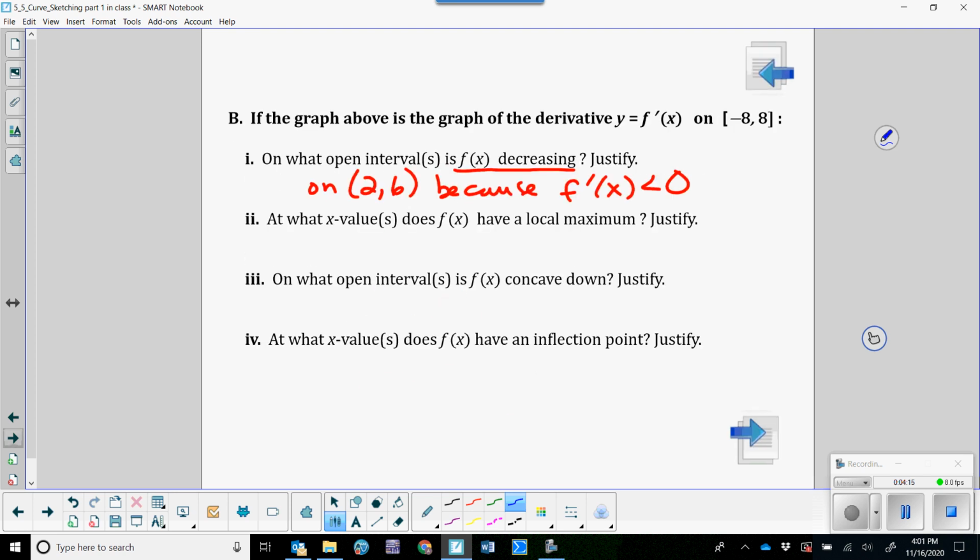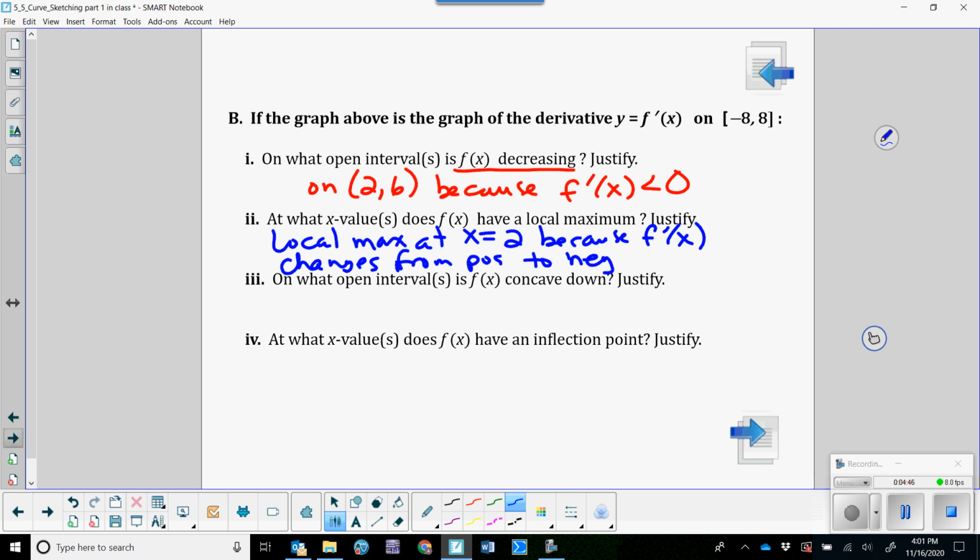So we will have a local max at x equals 2, because f prime of x, which is the graph now, changes from positive to negative.